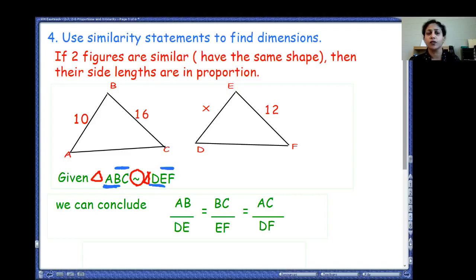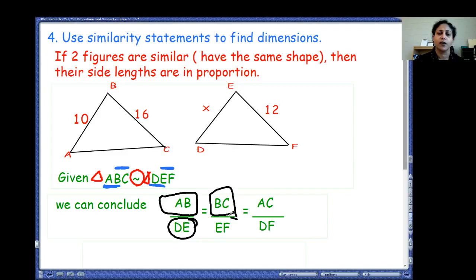In this particular problem, we have to find DE. So the number we have to find is DE, and so we need to check which of these measurements we have. It turns out that we have AB, and we have BC, we have EF.